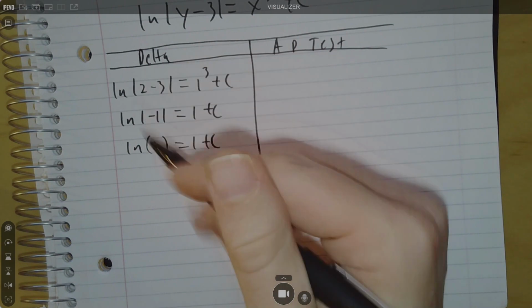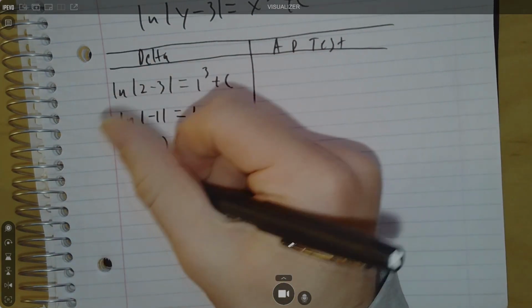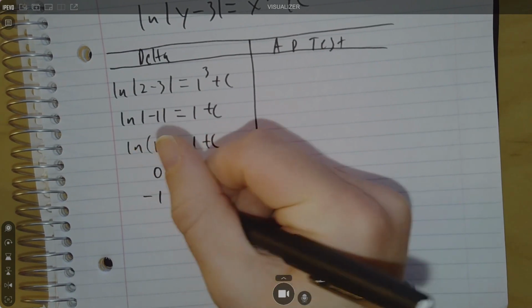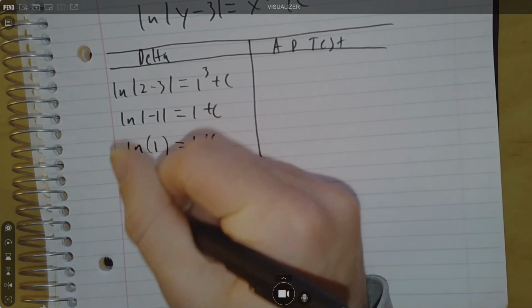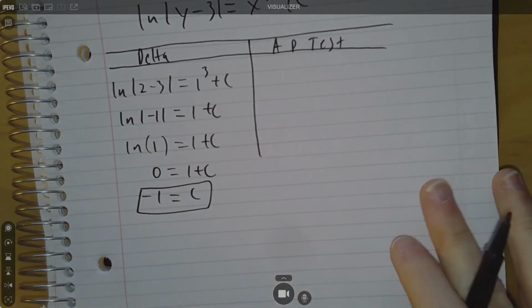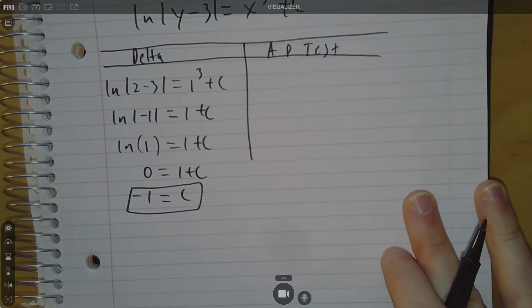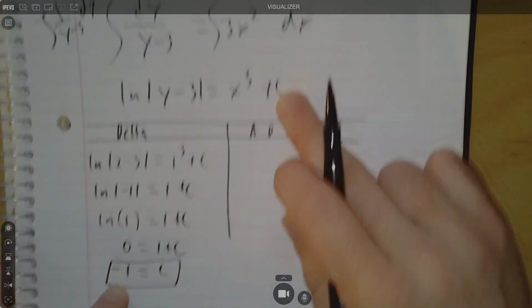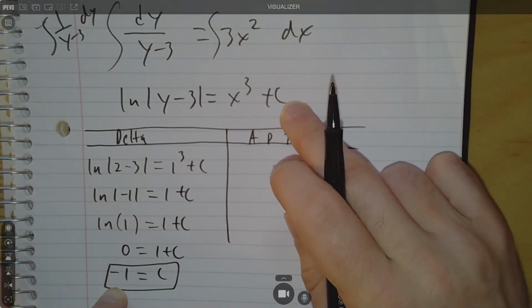It's an important one to know because e to the power of 0 is 1. So we say 0 equals 1 plus c. So then minus 1 both sides, c is negative 1. That is how Delta will do it. Nothing wrong with that. But then this negative 1 would go right here. That's really important.